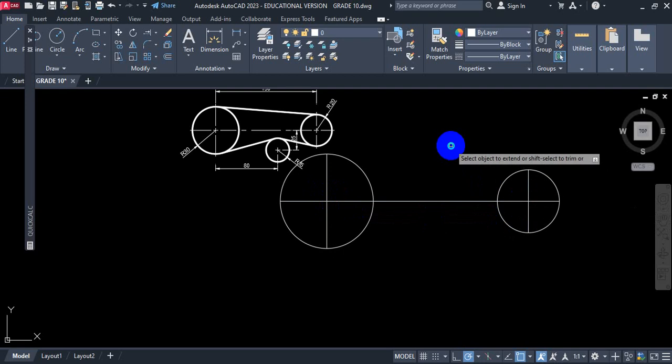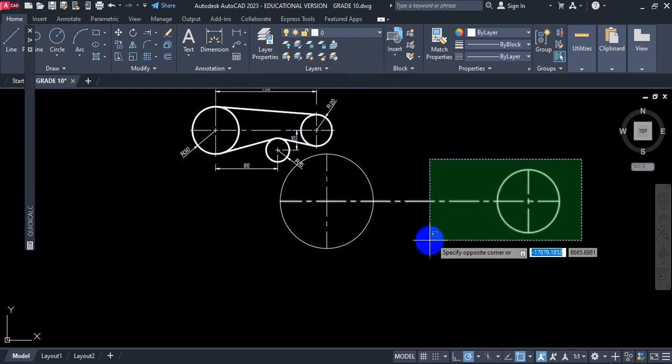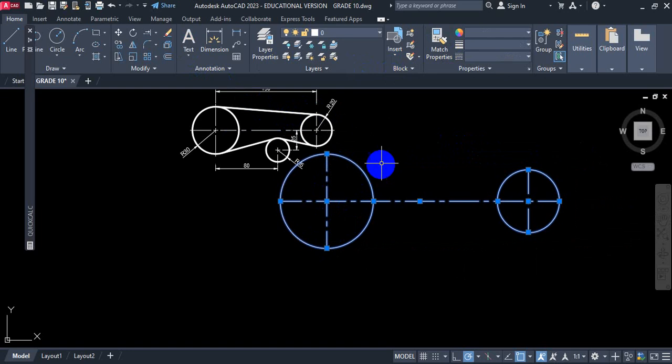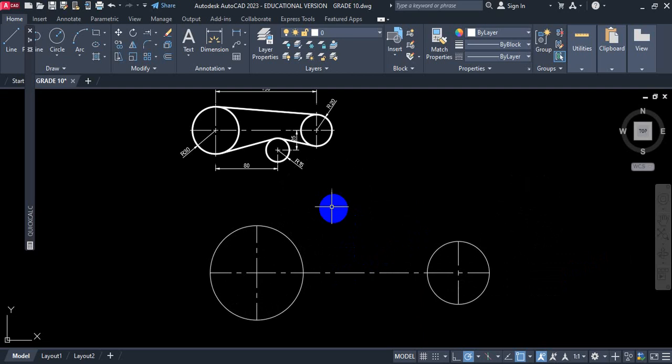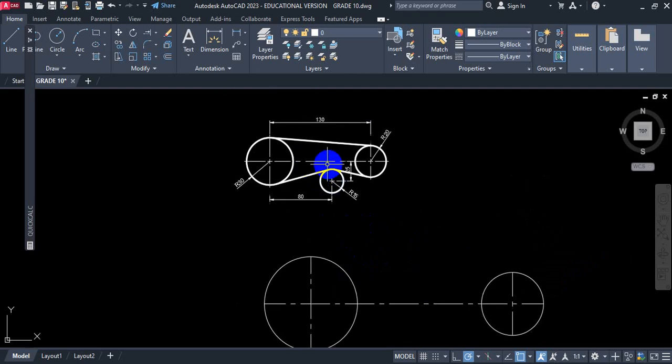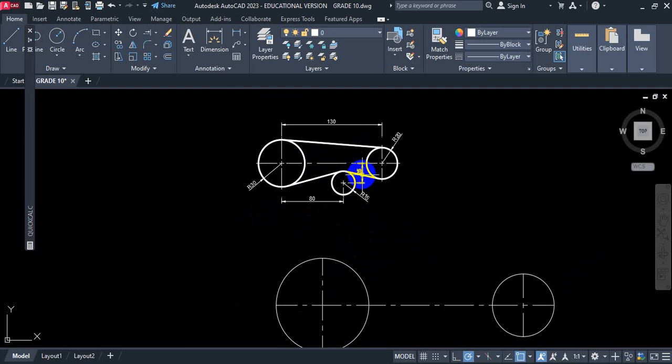Now they are in the right positions, and I must make sure that they are center lines indeed. So there's my center lines. Can I quickly shift this a little bit lower? There we are.